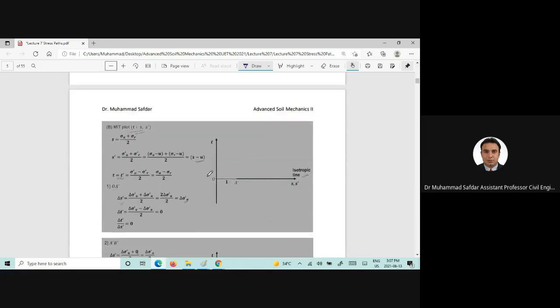Now let's go for the idealized stress paths. For example, if we are plotting T and S prime plot, this is the isotropic line.